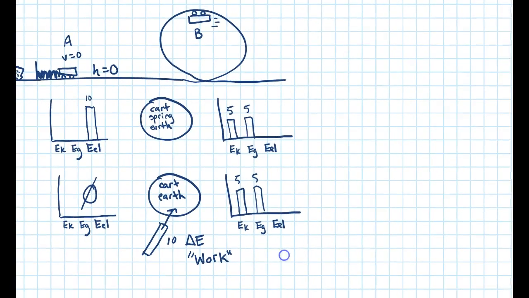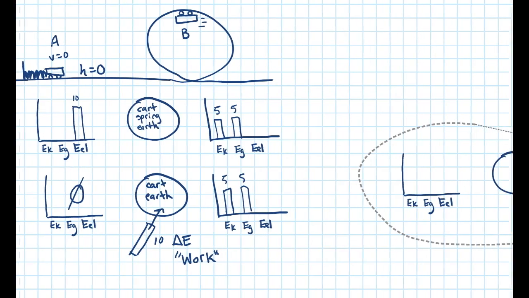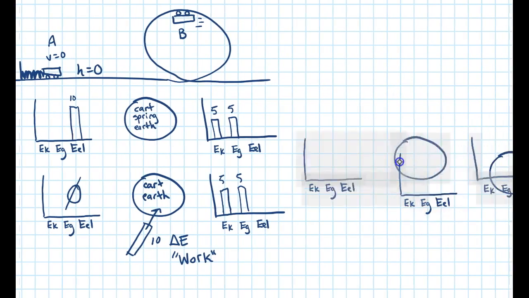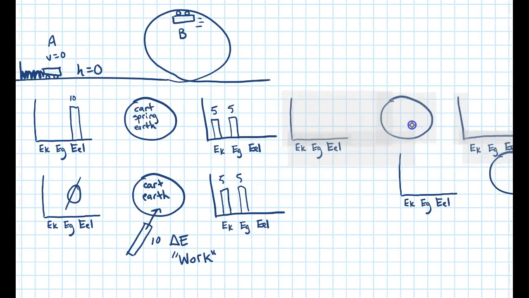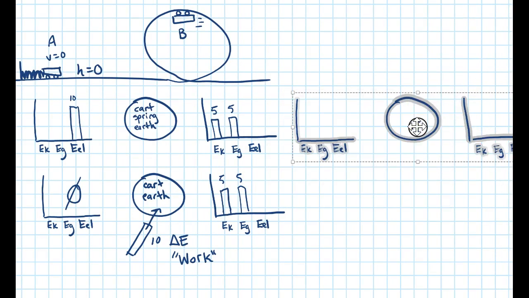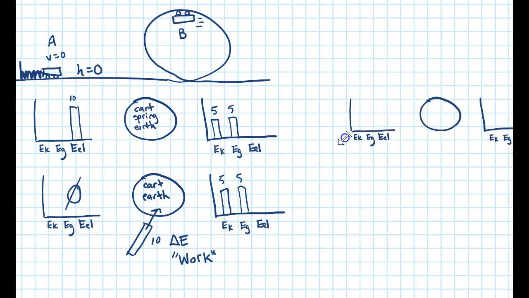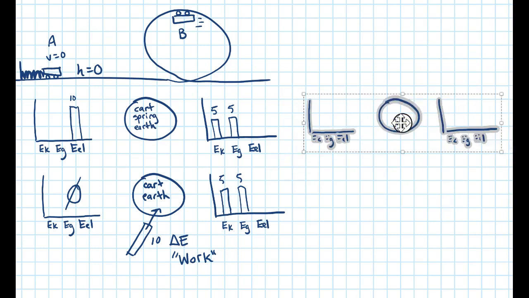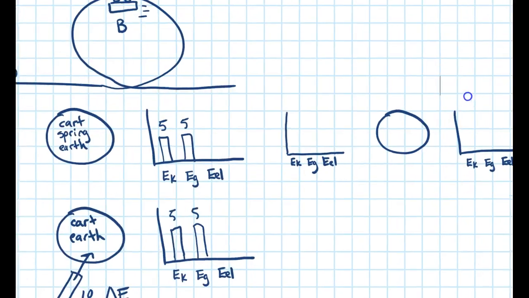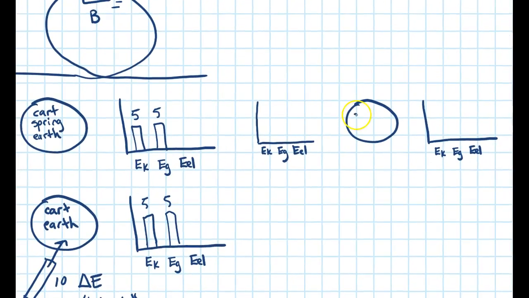So let's do one more. Let's choose a different system. Move these over. All right, this time I'm just going to choose the spring.